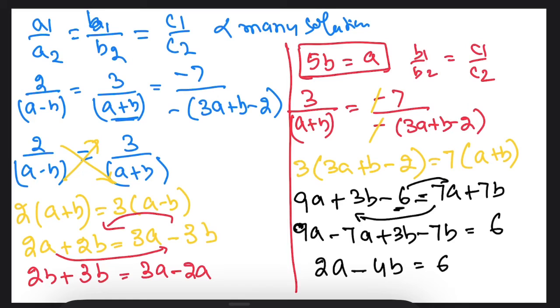Okay, now we shall put the value of a here. 2a minus 4b equals 6. A equals what? a equals 5b.